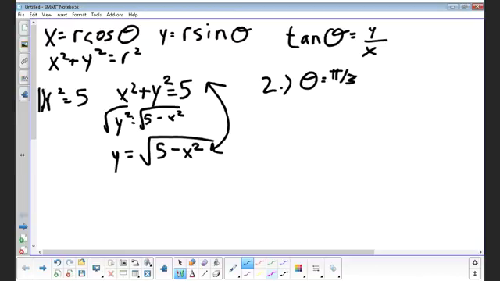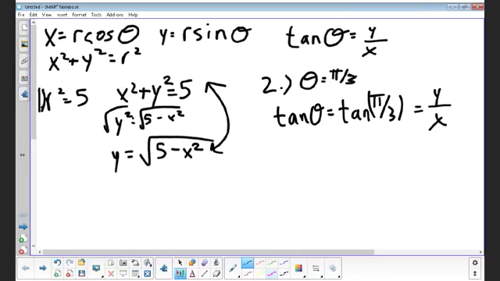So, in order to make this one work, we remember that we'll take the tangent of both sides. We have tangent theta is equal to tangent of pi over 3. And we know from our identities that tangent theta is equal to y over x. Tangent of pi over 3 comes out to a constant.